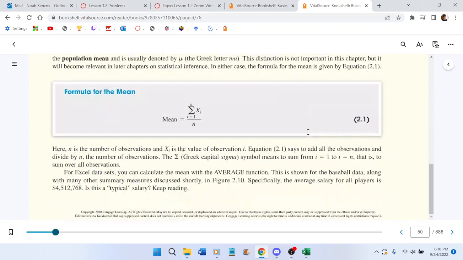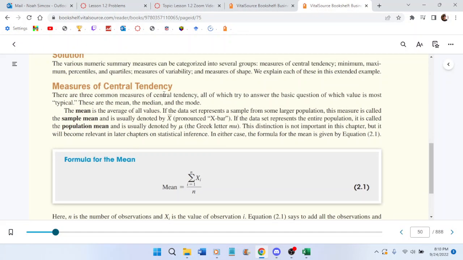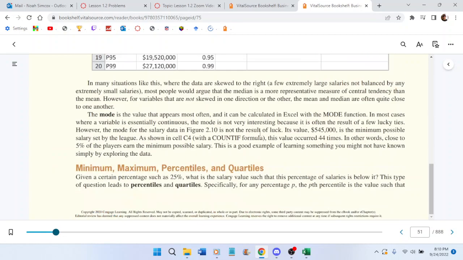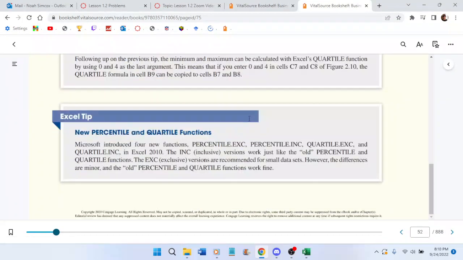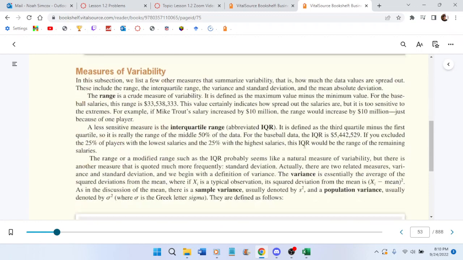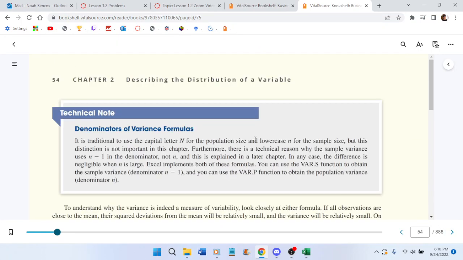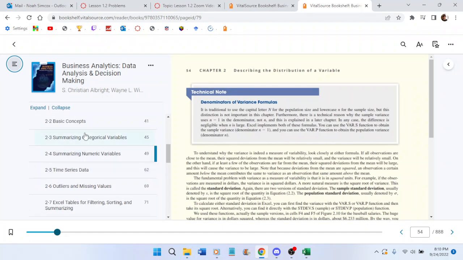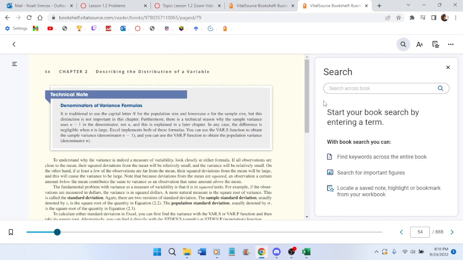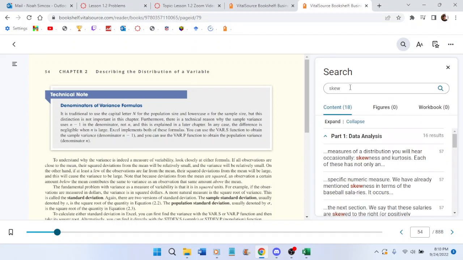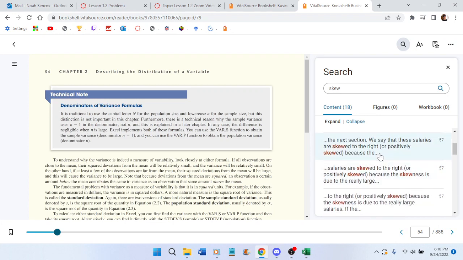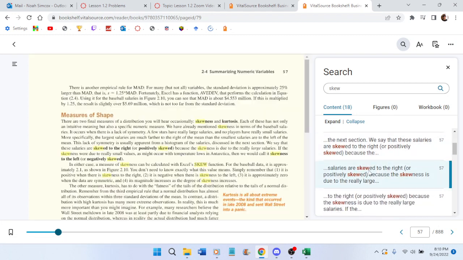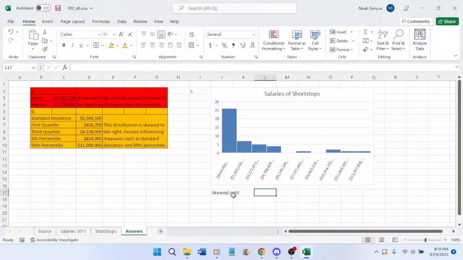Where's the skewed thing? Skew to the right. Okay, whatever.